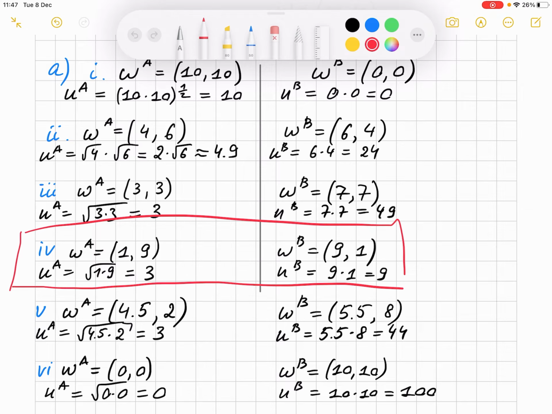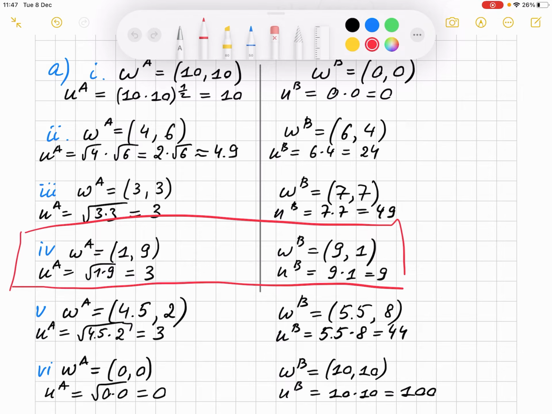And so when we compare 3 and 4, 4 is Pareto dominated by allocation 3, because the utility level of agent B is higher and agent A is not hurt, so he has the same utility level.